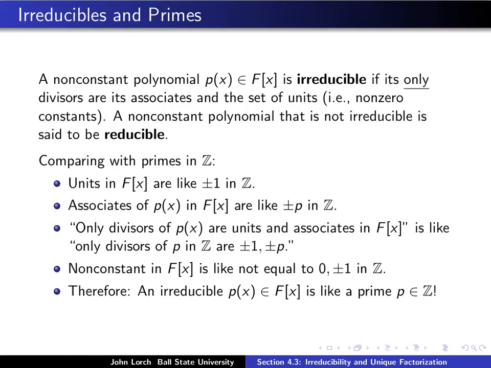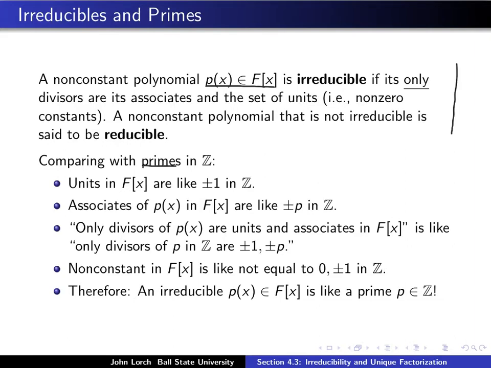Okay, there are strong parallels between the notion of irreducibility in a polynomial ring over a field and the notion of primality for integers. So here at the top, I've just reminded you of what it means for a polynomial to be irreducible in a polynomial ring over a field. And now what we want to do is compare this notion to primality in the integers.